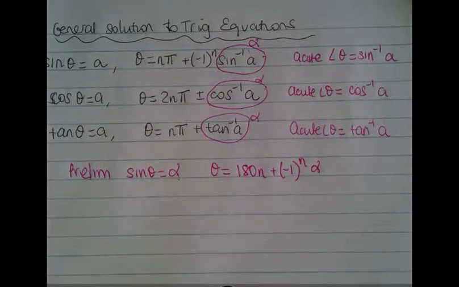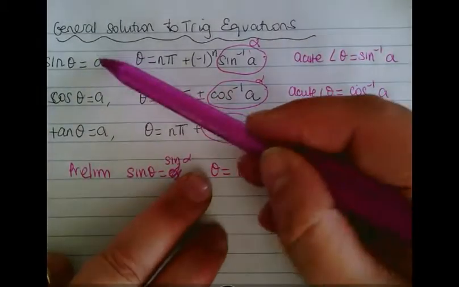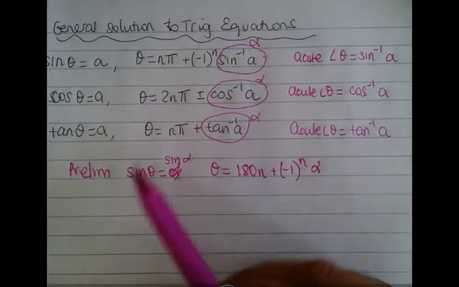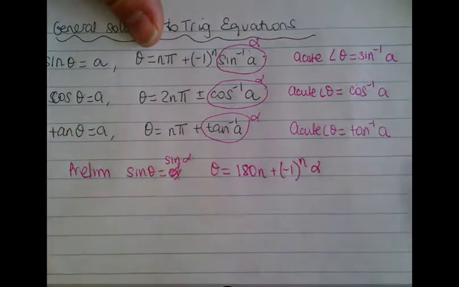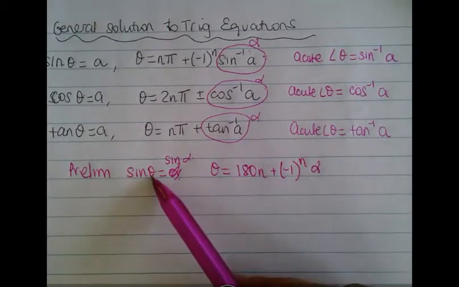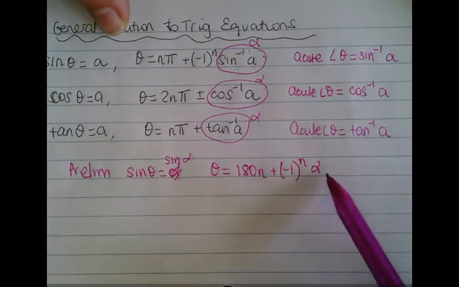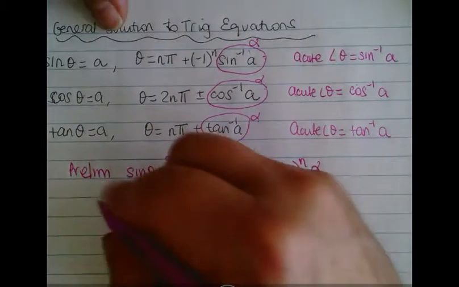Sine theta equals sine alpha. So that A is sine of alpha. The way it's written in your textbook is as follows. If sine theta equals sine alpha, where alpha is the acute angle, then this is the general solution for all the thetas: theta is 180n plus -1 to the power of n times the acute angle. That's how you learnt it in prelim.